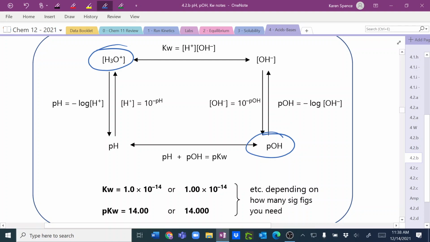You could also go the other way, from hydronium to hydroxide and then down to POH. Whatever your choice is, it doesn't matter which one you do. They're both perfectly good, and you could do that for any of the 2 corners.